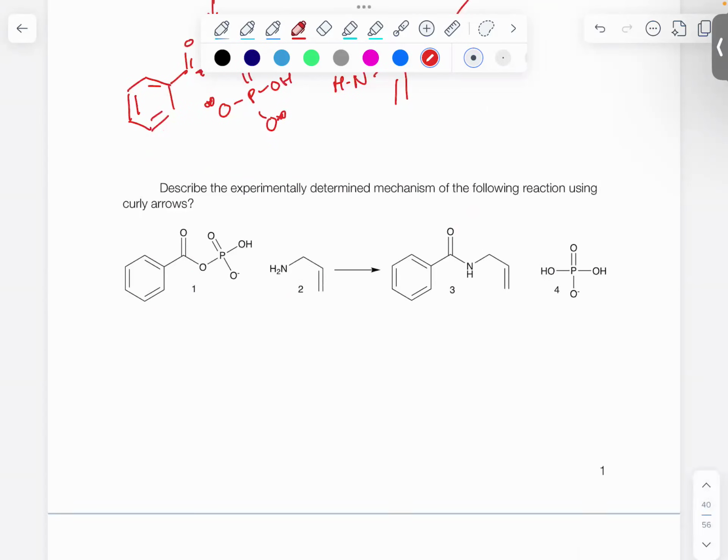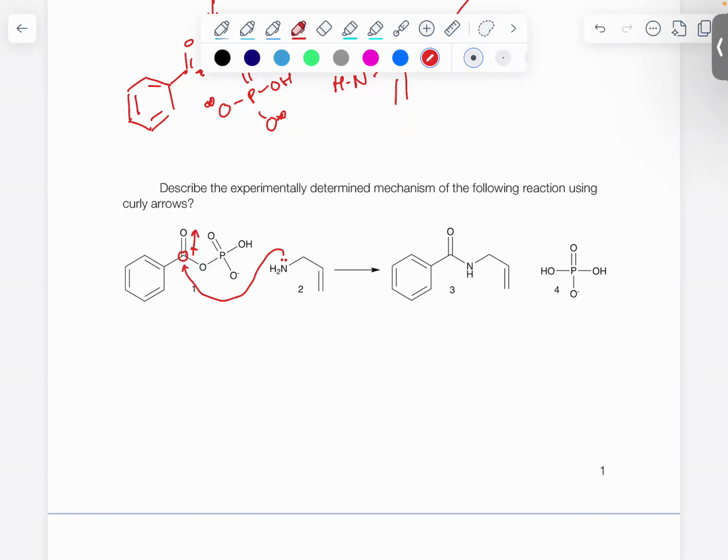Using this, we can then try and figure out our curly arrow mechanism based on what we found from our disconnection analysis. So we know that the carbons in carbonyl groups are slightly electrophilic, and we have this lone pair on the nitrogen that can act as our nucleophile.